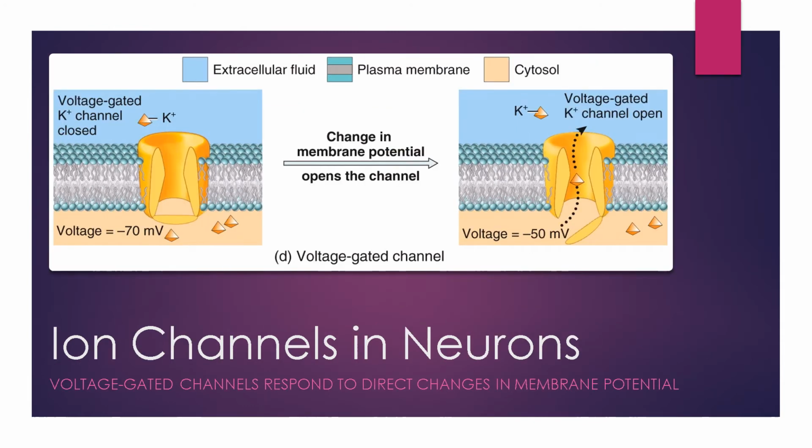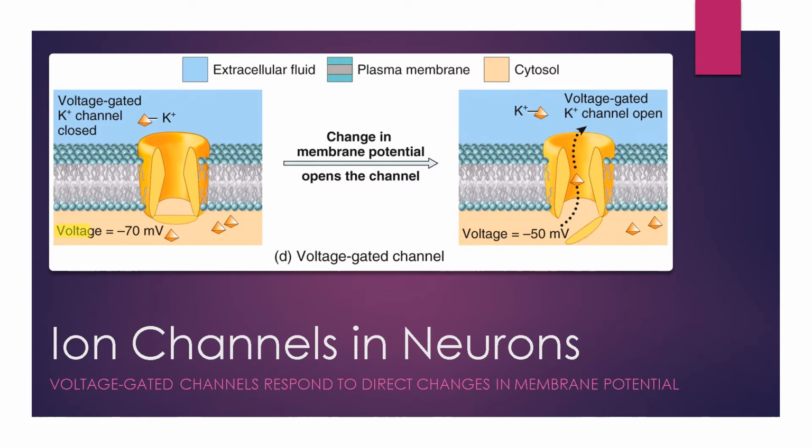Then we have the voltage-gated channels. And these are going to open in response to a change in membrane potential or a change in voltage. Membrane potential is another term that we use for voltage. So these channels participate in the generation and conduction of action potentials in the axons of all types of neurons.